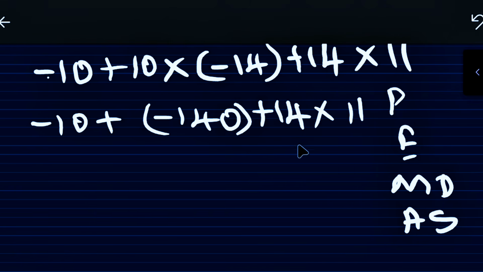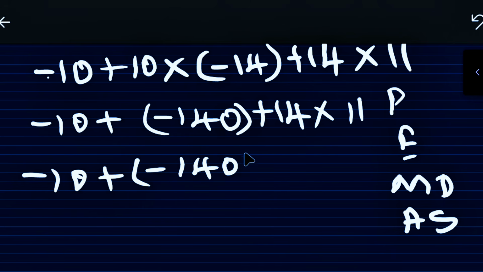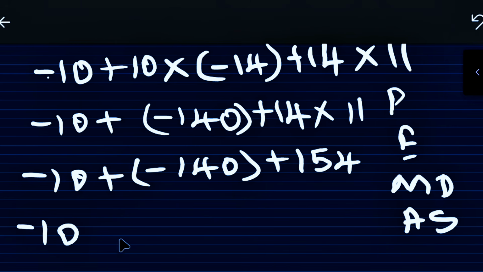Now, the next thing we are going to do is to multiply this, because multiplication is of higher priority to addition and subtraction, okay? So we are going to have minus 10 plus, open parenthesis, minus 140, then plus 14 times 11 will give us 154. Okay, 154. So here we have minus 10, then minus, this plus times minus is minus.